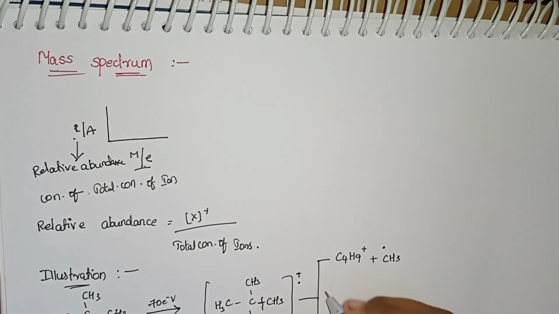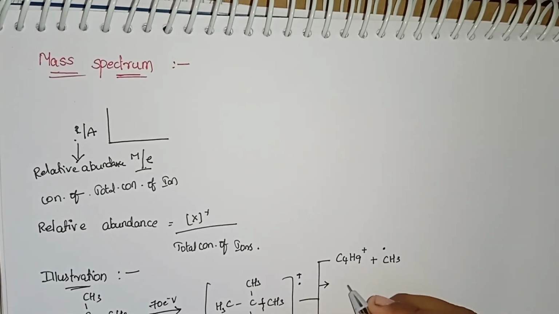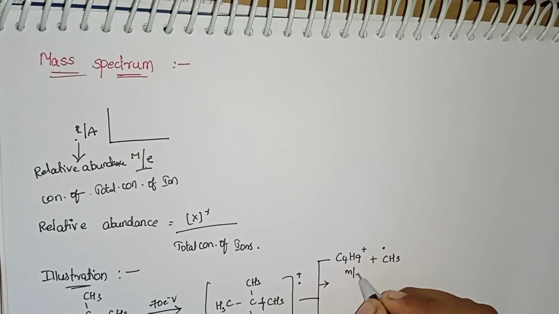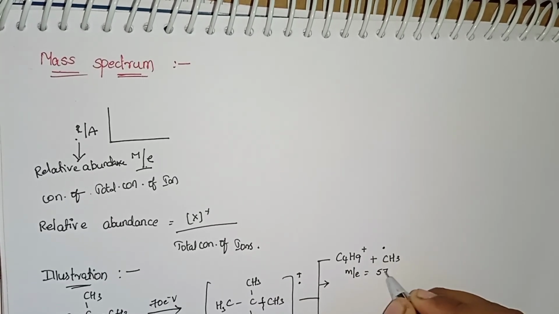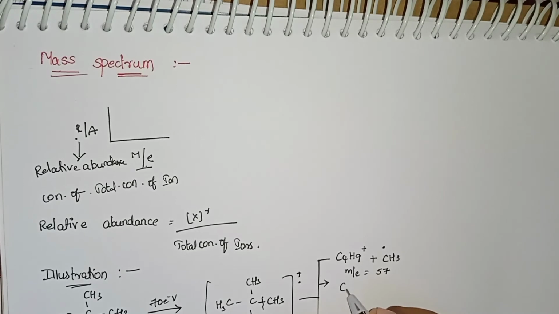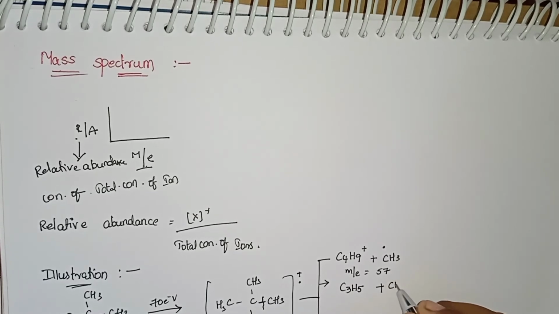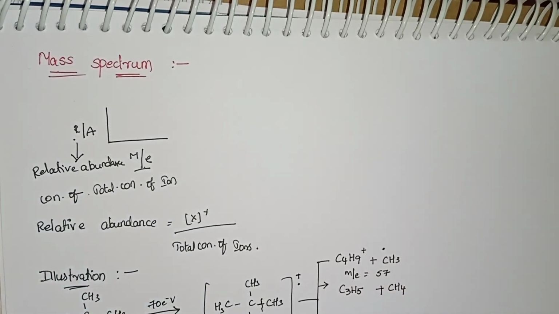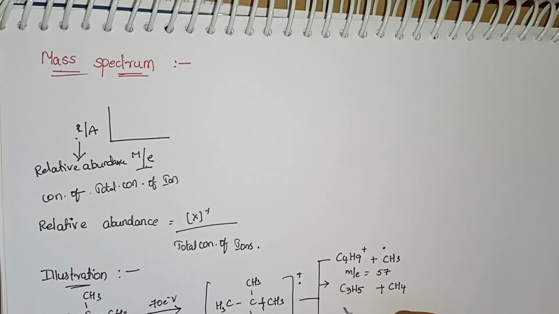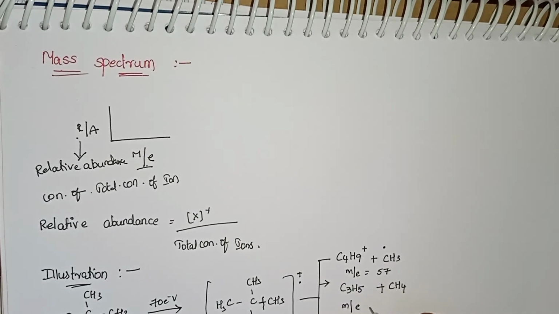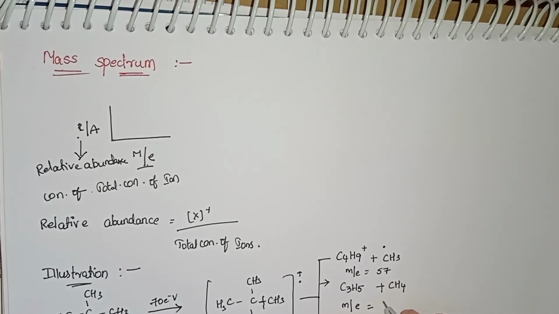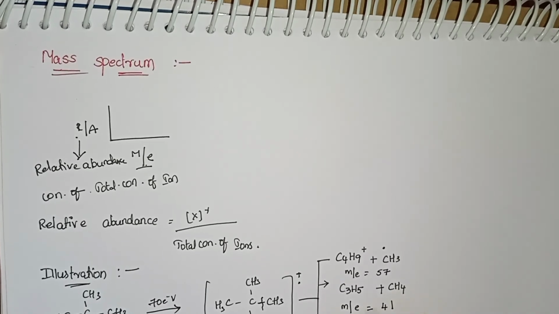Did you understand? The m/e value is 57. Next, C3H5 plus and CH4, with m/e value 41.